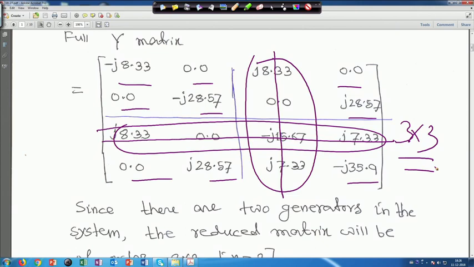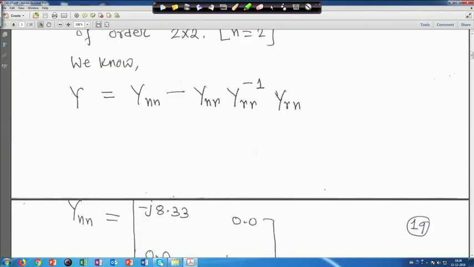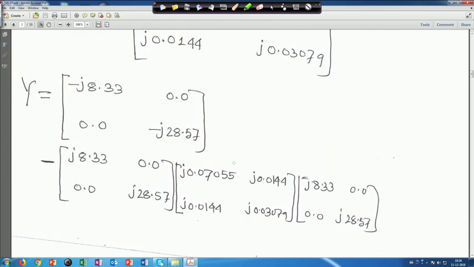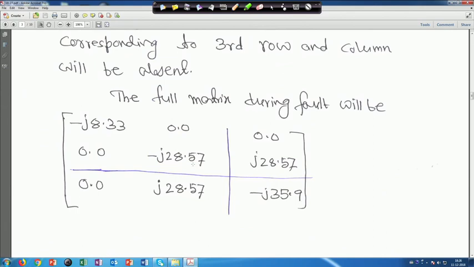So, the voltage at bus 3 will be 0, therefore the third row and third column will be eliminated from that matrix. If we do so, then during the fault condition this is the 3 into 3 matrix, because the third row and third column have been eliminated.